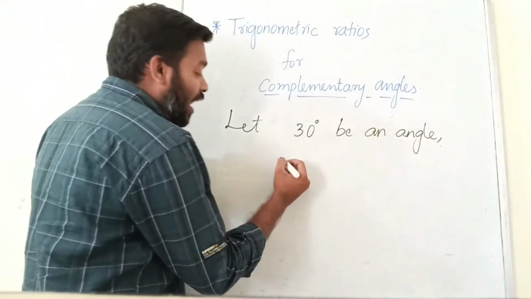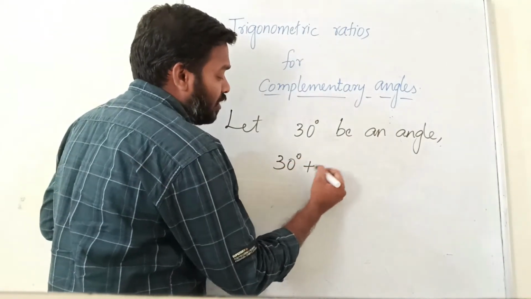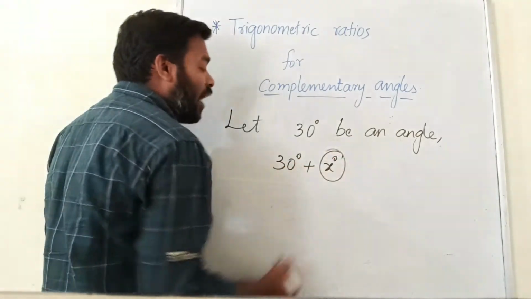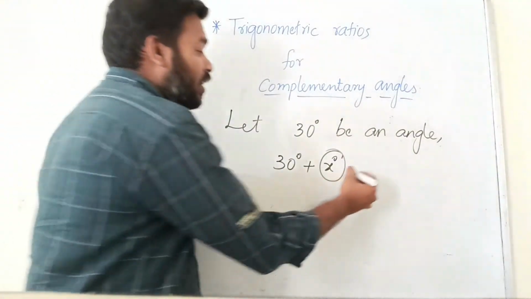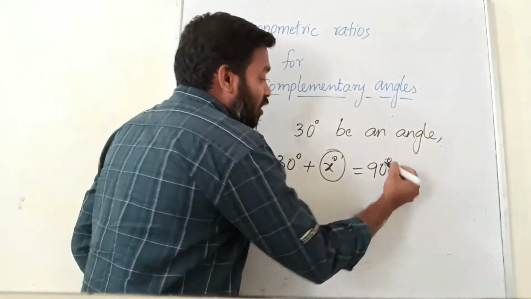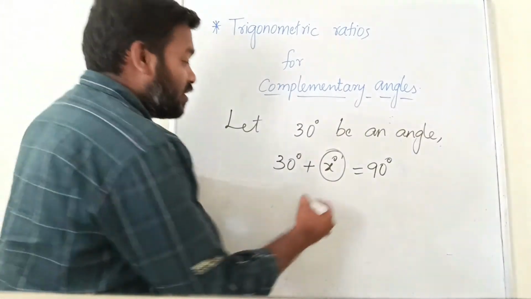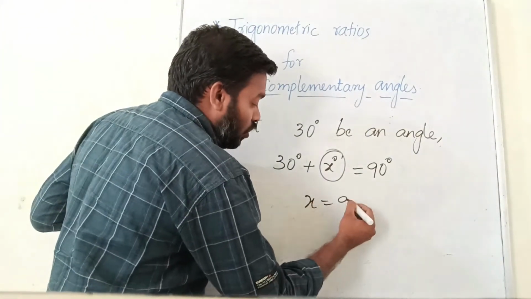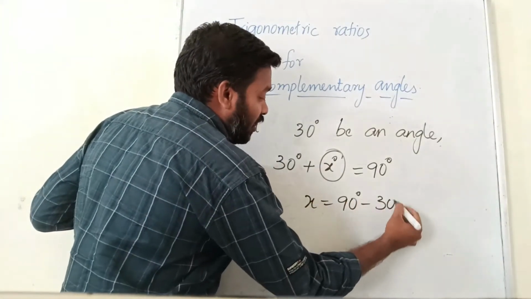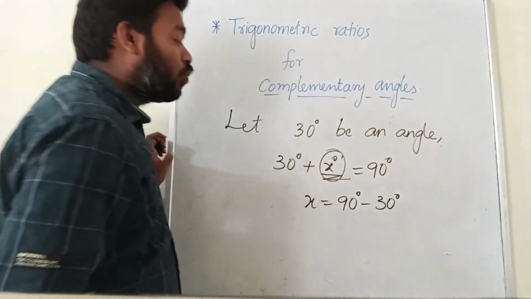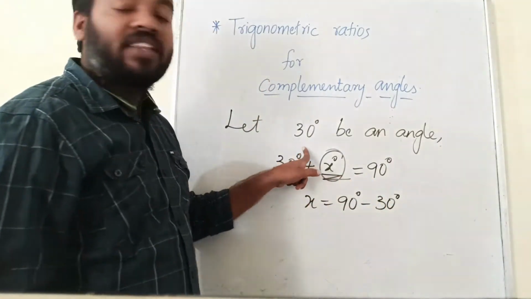That is, if you add some angle, say x, because we don't know what we have to add to 30 to get 90 degrees, we have to calculate. That is, x is equal to 90 minus 30. That means we are finding the complementary angle of 30.